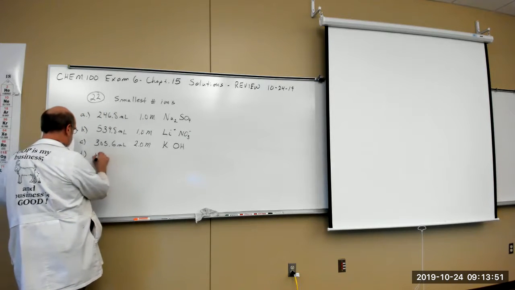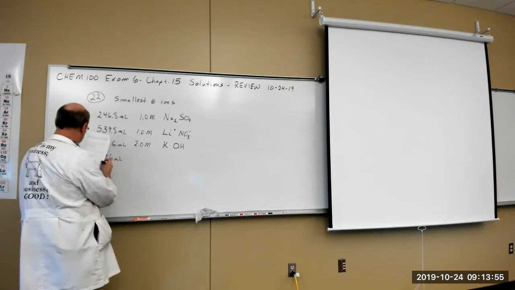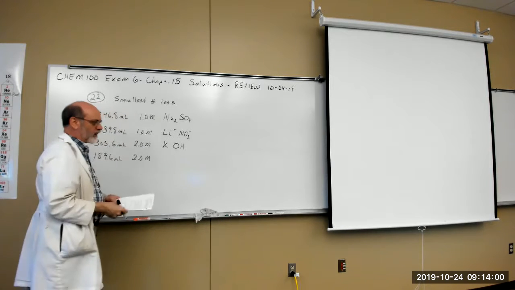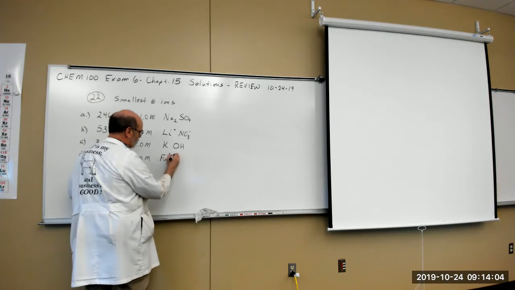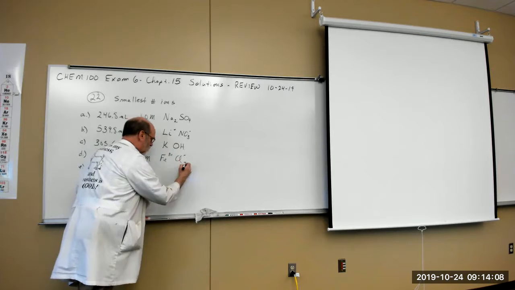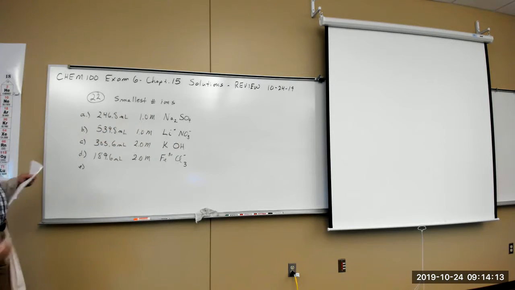D is 189.6 milliliters of 2 molar iron 3 chloride. So that means iron has a charge of 3 plus combined with chloride with 1 minus, which means 3 chlorides. Okay? And E, at least 2 of the above contain the smallest number.